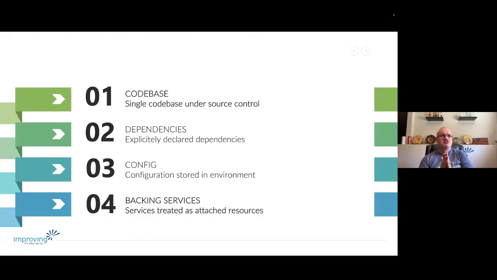And so the first of these is around code base, and it's around this idea which most of us have been doing for the last 30 years, which is a single code base under source control, right? And version tracking of that code base. You can think of services like Azure DevOps, GitLab and GitHub and some of these other services that allow us to have access to version control.